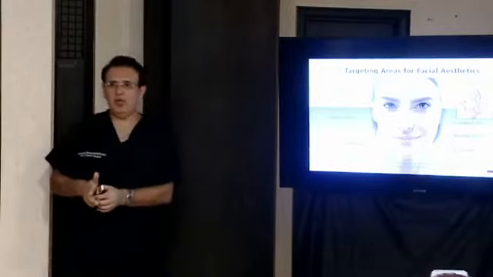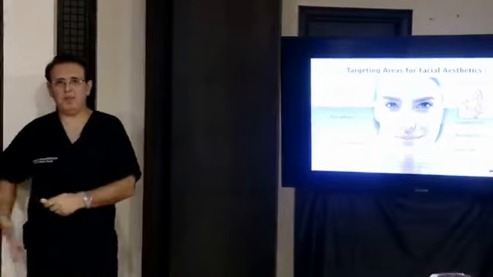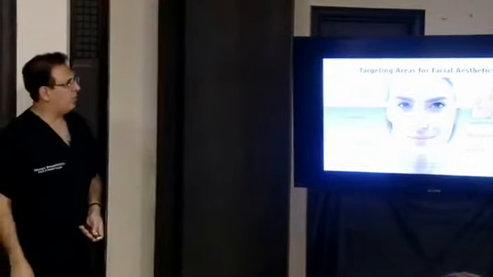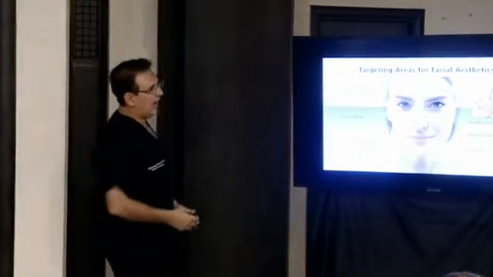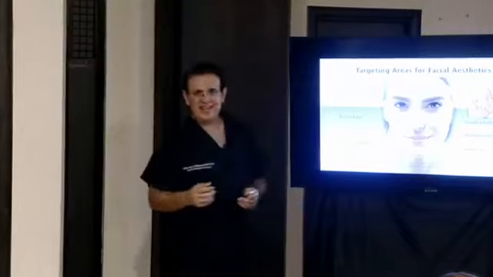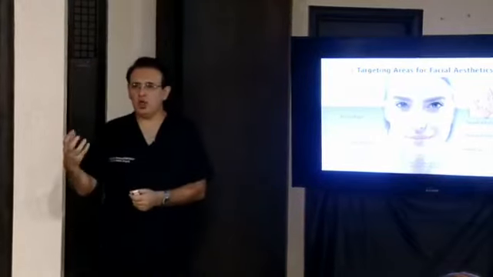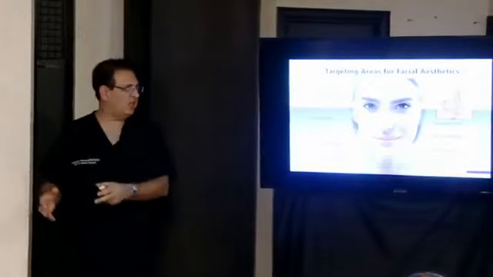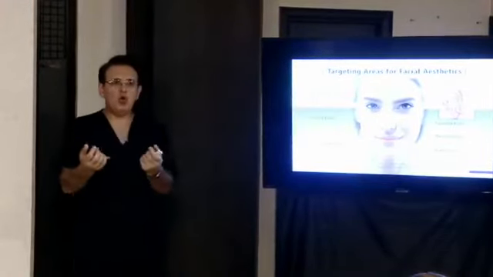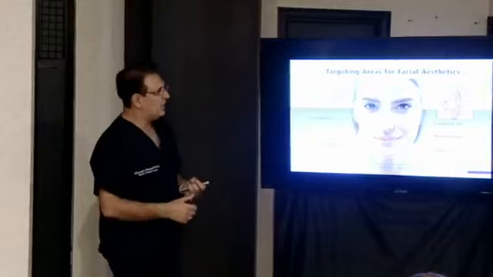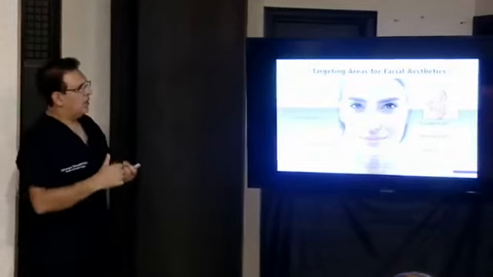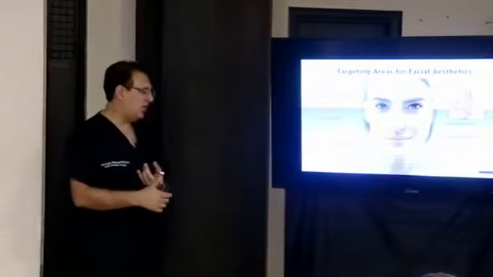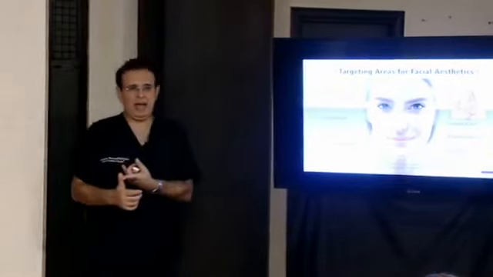So once we know what the problem is, once we know how to adjust the problem, then we need to understand what areas we can correct with what tools, right? So today, as we are talking about threads, the areas that you want to improve with threads are perioral lines, nasolabial folds, marionette lines, chin, jawline, and neck.